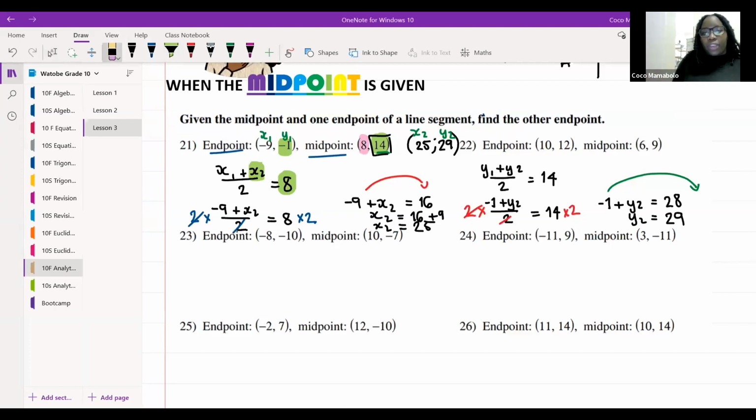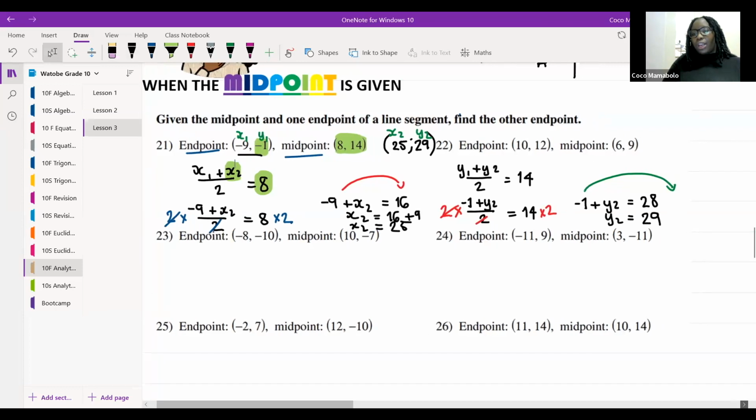So this point over here, this 8 and 14, that is the midpoint. They've given us the midpoint and we have this endpoint. We're trying to find the other end of our line. That's why we're making the x equal to 8 and the y equal to 14. Making sense? Yes. Okay, excellent, my sweetie.